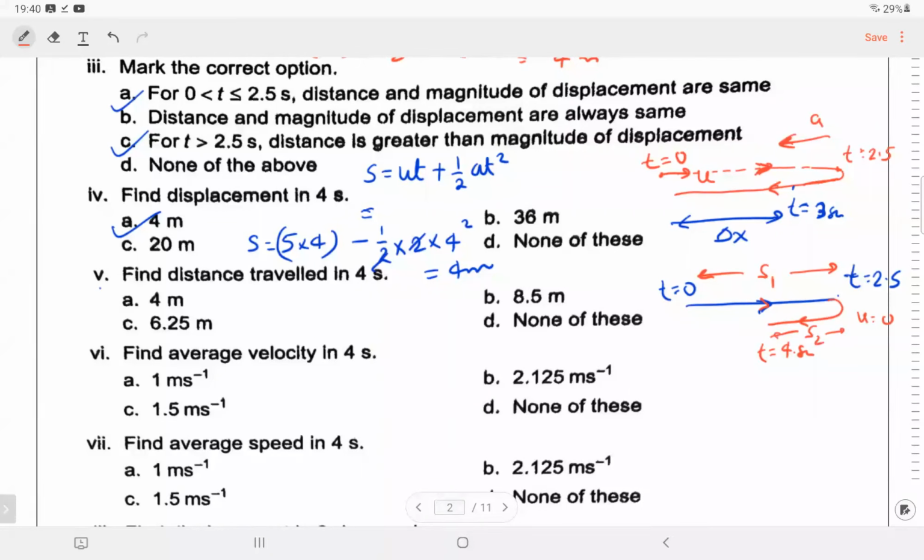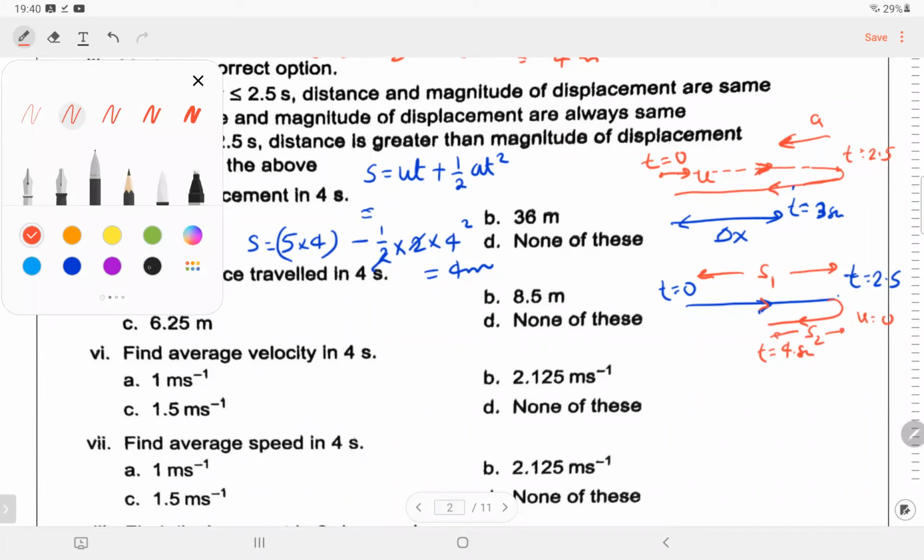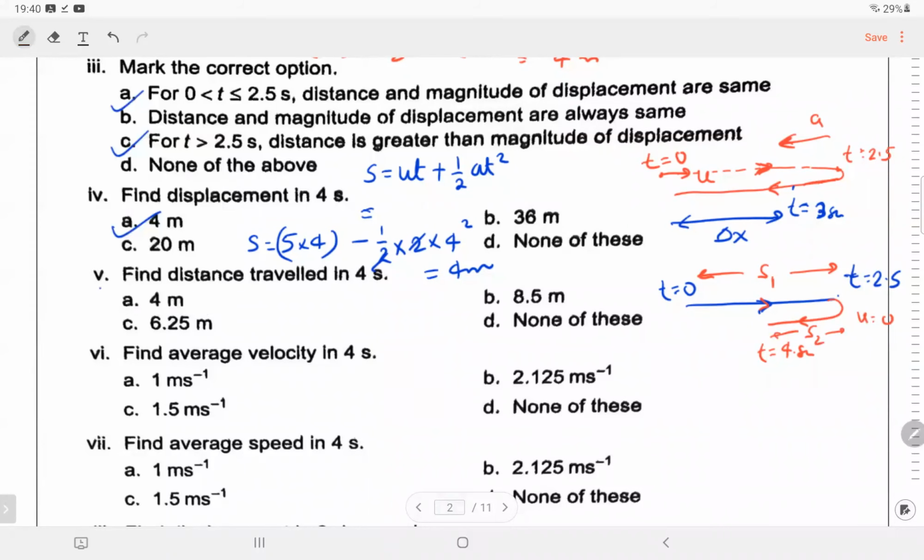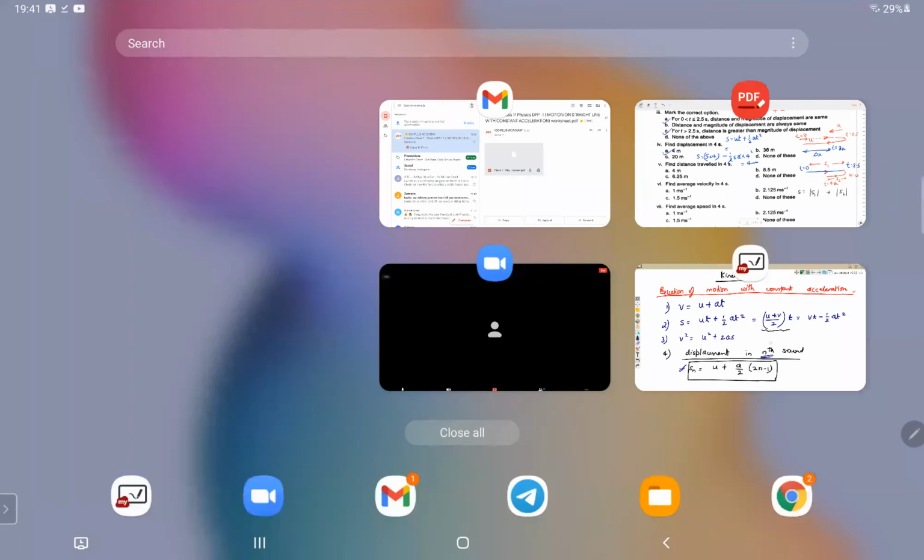Distance covered will be equal to displacement only if the body does not change direction. Here the body is changing its direction. So first we have to calculate S1, then we have to calculate S2, and then we have to add the magnitude of both of them. If we directly apply 0 to 4, we will get displacement. From the equation of motion, S is not the distance, S is the displacement.